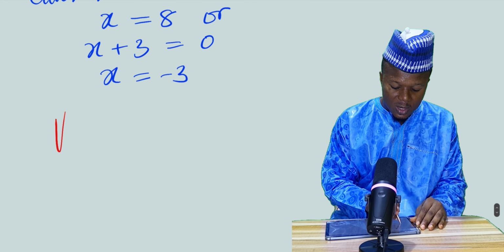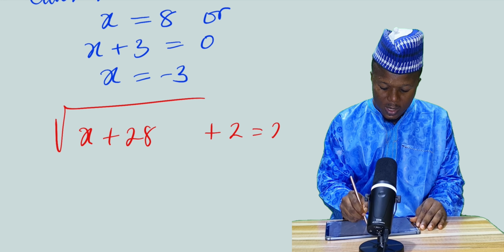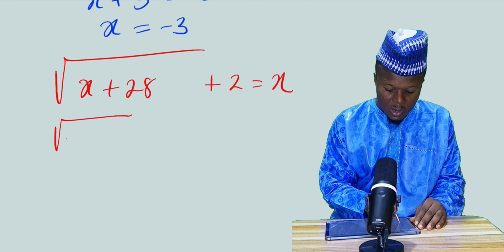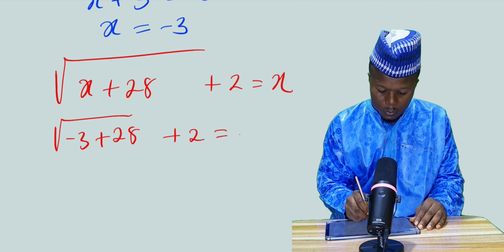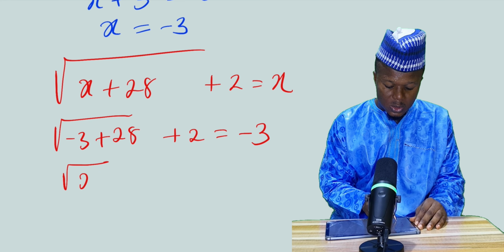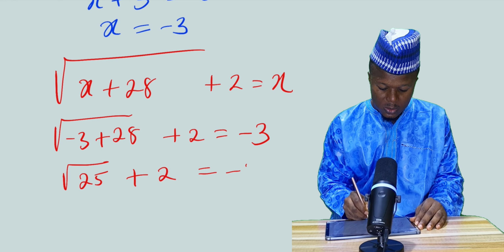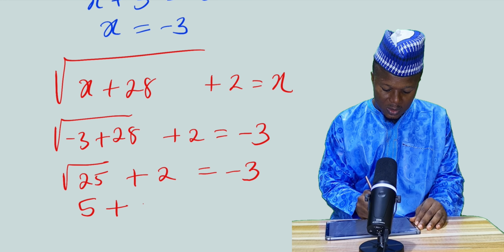Now we have square root of x plus 28 plus 2 equal to x. If I put x as minus 3 here, you will have square root of minus 3 plus 28, plus 2, equal to minus 3. So minus 3 plus 28 is 25, and its square root is 5, so this is 5 plus 2.